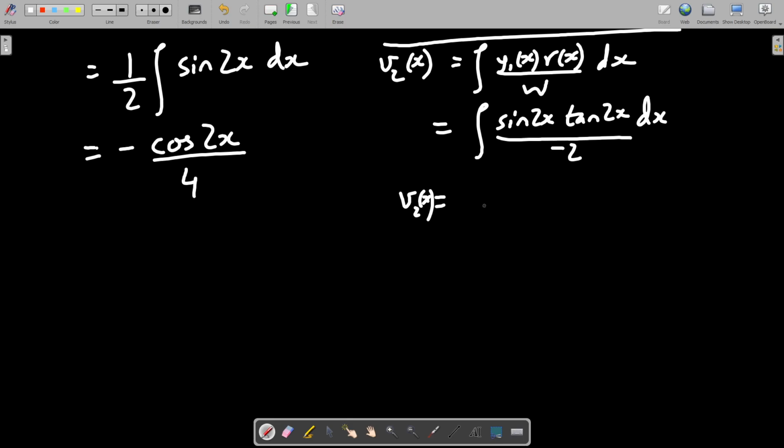v2 of x, let me just try if this works out. You get sin square 2x upon minus 2 cos 2x. Do you know any formula to integrate this? How will you integrate this expression?